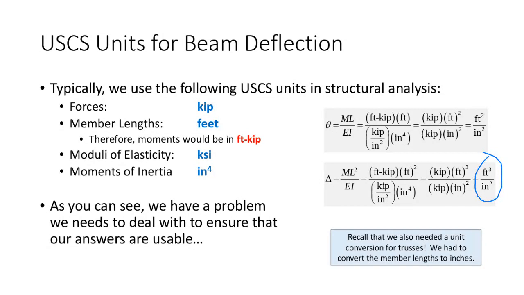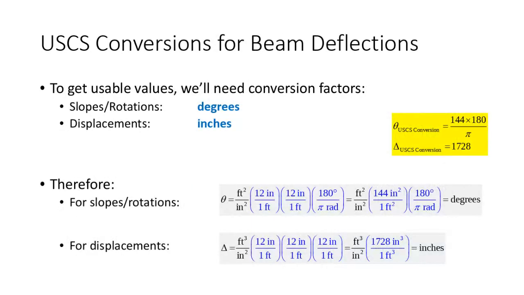And so what I want is that deflection to come out in inches, but it's not. And so in order to handle that, I gotta do a unit conversion. Similarly with the rotations, I'm getting foot squared over inches squared. It's not working out. So I have to ask myself, what do I want my answer to be in?